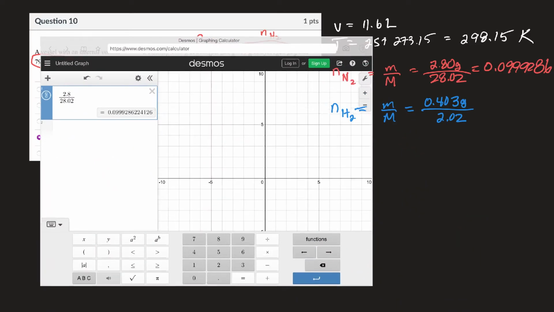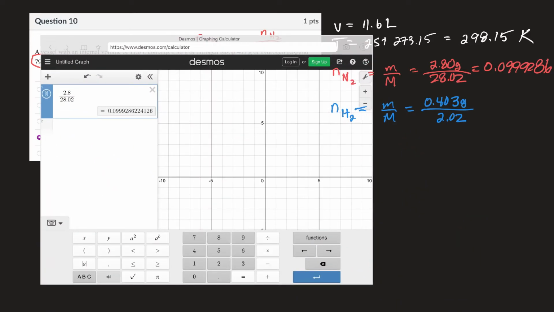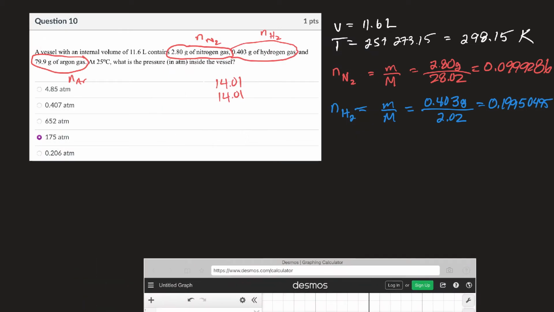Okay, calculator. 0.403 divided by 2.02. From that, I'm getting 0.1995045 moles. That's hydrogen.